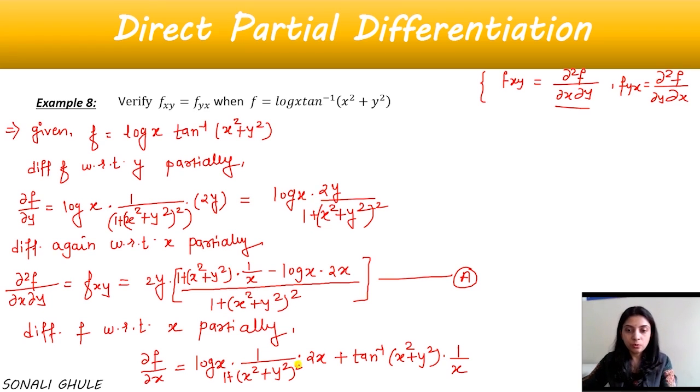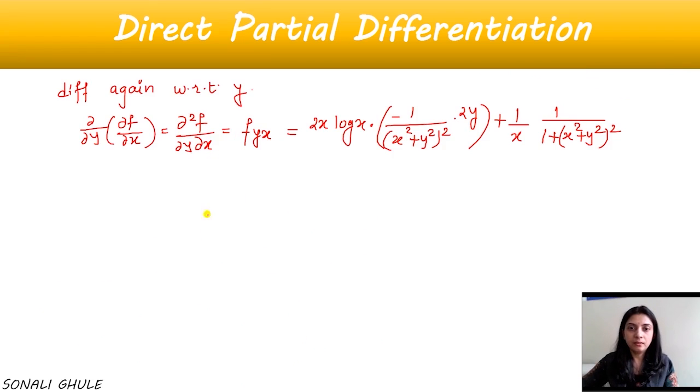Okay, so here now I use that, and here also we have to make a change. It should be 1 plus, right? Now here 1 upon 1 plus x square plus y square whole square, into we are differentiating this with respect to y, so its derivative is 2y.